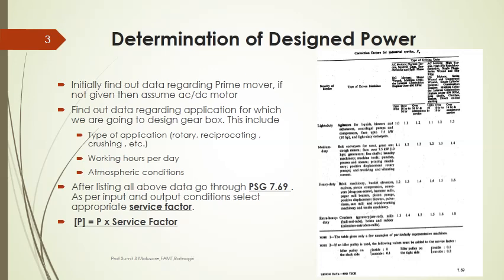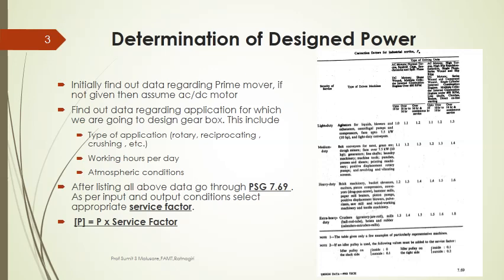It means whether the atmospheric conditions are controlled or not, whether it is a dusty environment, or some cloudy environment. So likewise, determine this data, and from this data we are going to select the appropriate service factor. Okay, and for our reference we have to refer to PSG 7.69.